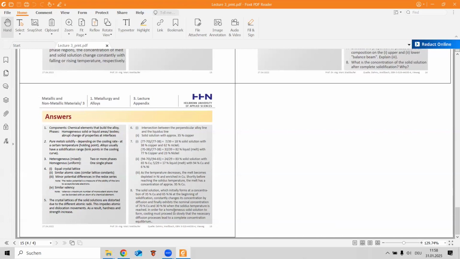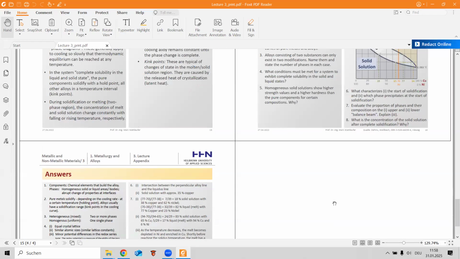In order for a homogeneous solid solution to form, cooling must proceed so slowly that the necessary diffusion processes lead to complete concentration equilibrium.